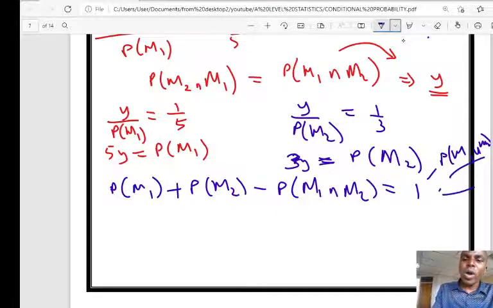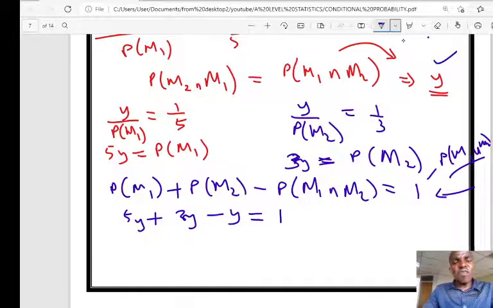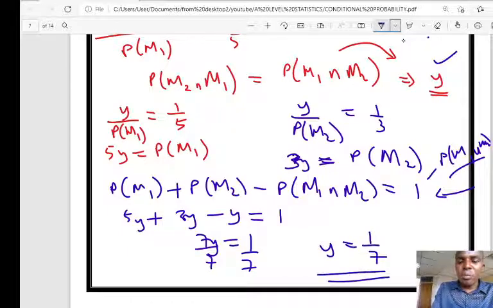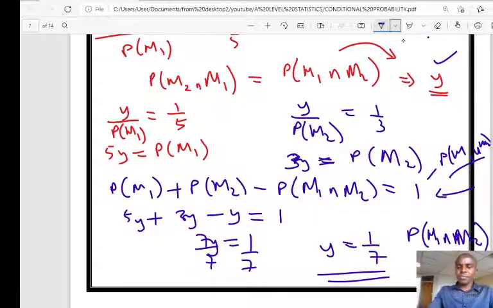So the probability of M1 is 5y, the probability of M2 is 3y, minus the probability of M1 intersection M2, which is y, gives 1. Simplify: 5y plus 3y is 8y, minus y is 7y, equal to 1. Divide by 7, and y is equal to 1 over 7. That's the probability of M1 intersection M2. Then we can say done.